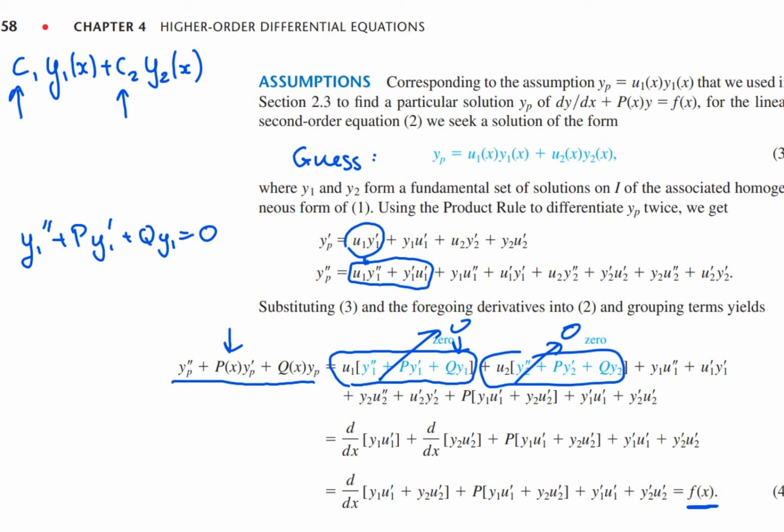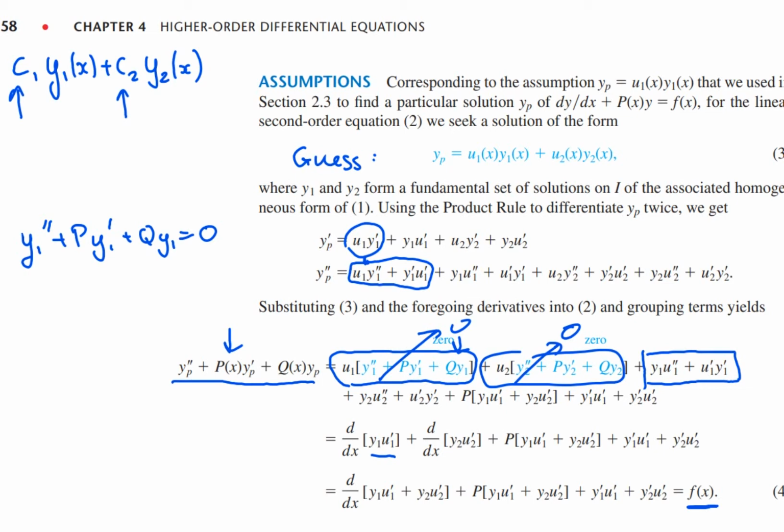Now we do another very clever thing. We look at these two terms, y1 times u1 double prime plus u1 prime times y1 prime. Now those two terms are actually the derivative of something coming from the product rule. This is the derivative of y1 u1 prime. Just check that by differentiating with the product rule.